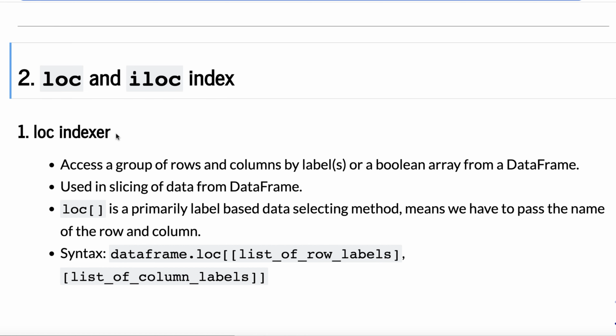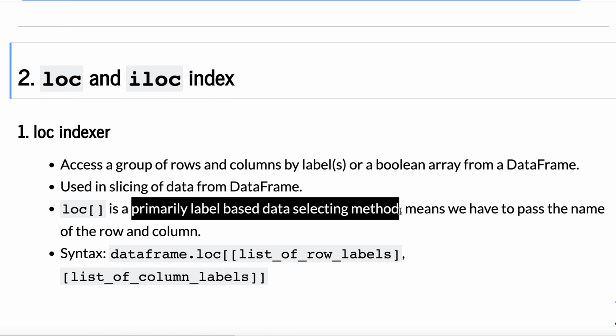LOC indexer, which is nothing but the location based index. This one is used primarily to select the data frame, meaning you want to slice the data frame, to select only specific rows or specific columns. This method is primarily a label based selecting method, which means you need to specify the row name or column name in order to use this API.